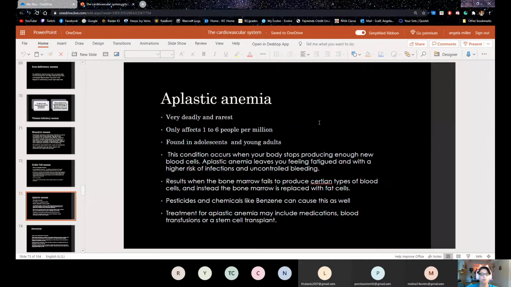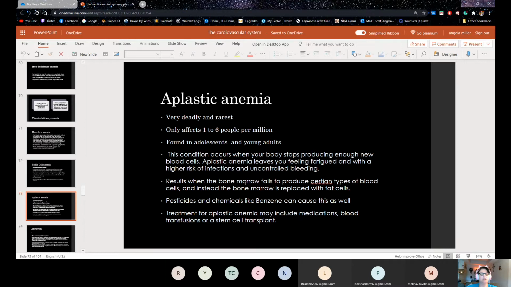You don't have any energy, because you're lacking not only red blood cells, but all your blood cells. Obviously, the bone marrow would have to come in, because that's where we get our cells, right?